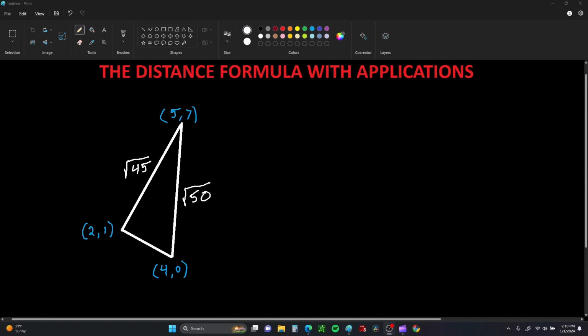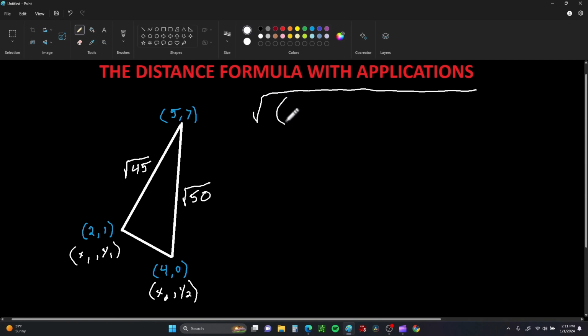And for the final side over here, this is going to be my x2 because it's to the right. So this is x2, y2. And this is x1 and y1. So using the distance formula, I want to do 4 minus 2 squared plus 0 minus 1 squared.